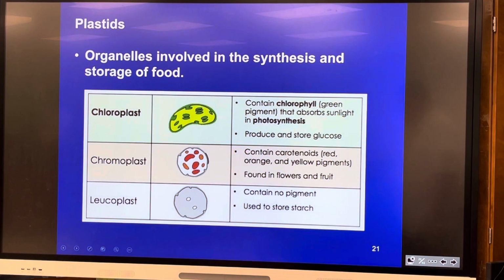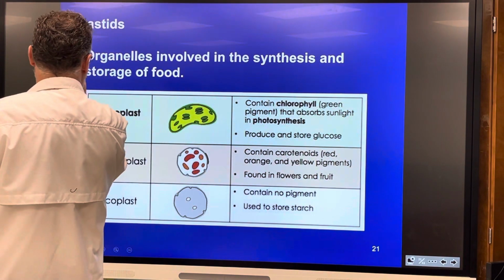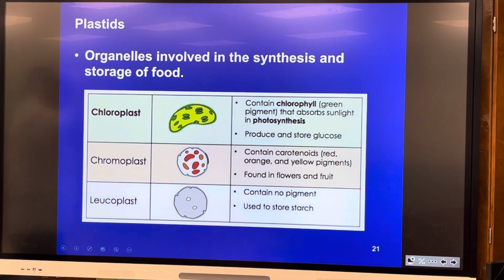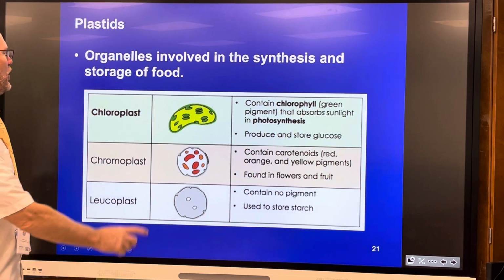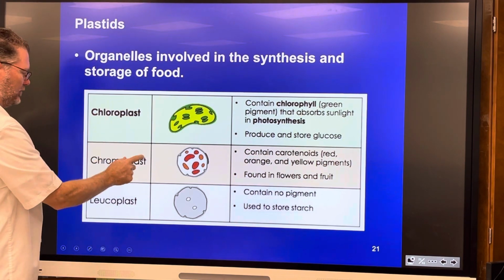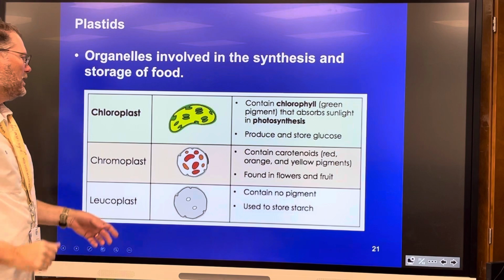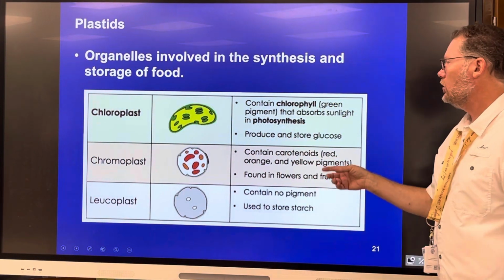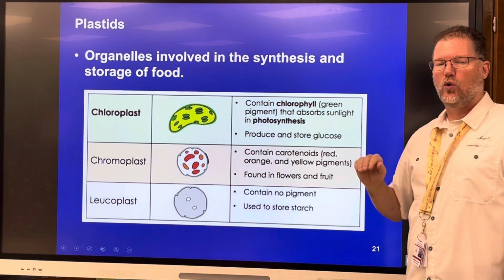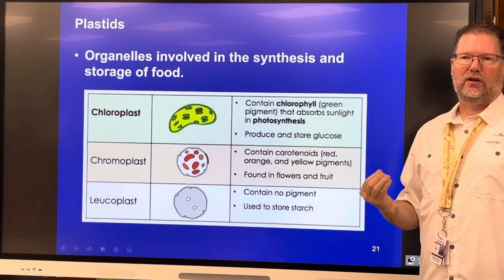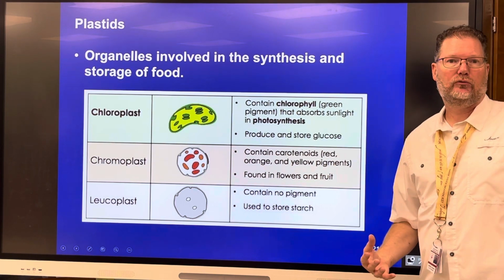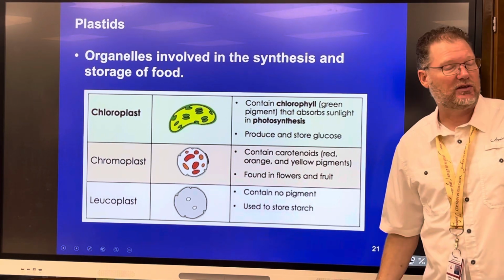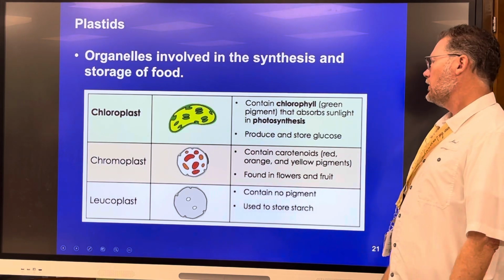Plastids are in plant cells, and they come in different forms for different purposes. Synthesis and storage of food is pretty much the main idea. So I think you've all heard of a chloroplast. Chloroplast is the one that has the chlorophyll in it, which is a green pigment, to absorb certain wavelengths of sunlight to stimulate photosynthesis, to make glucose, right?